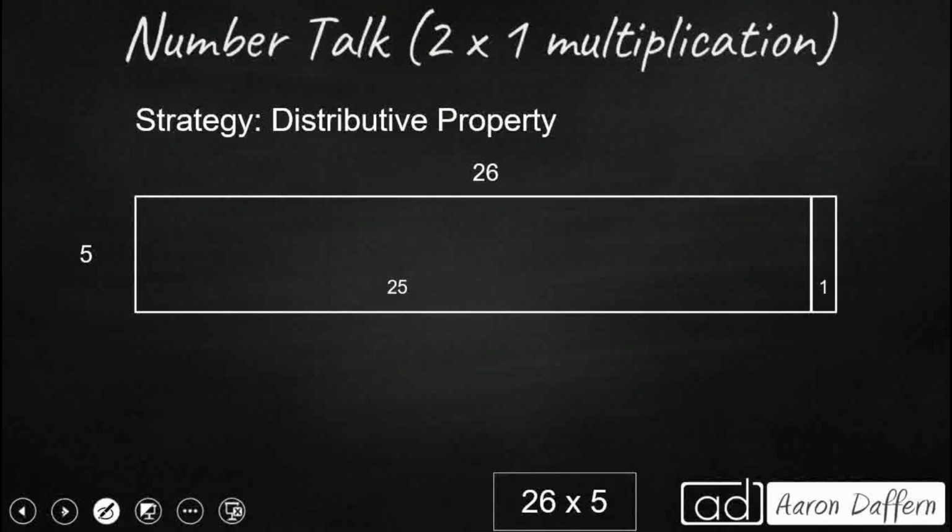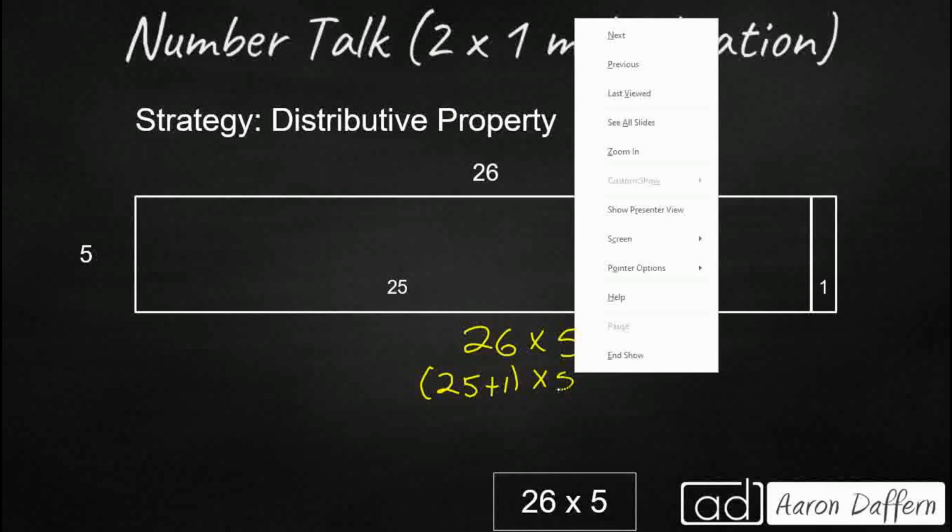Now, this is kind of a strange distributive property, but trust me, it works. 26 times 5. We're going to take this 26, we're going to break it down into 25 plus 1. It's really just another form of compensation here.